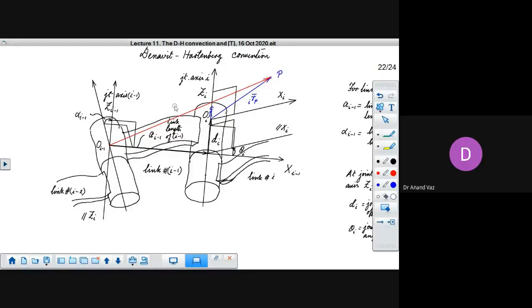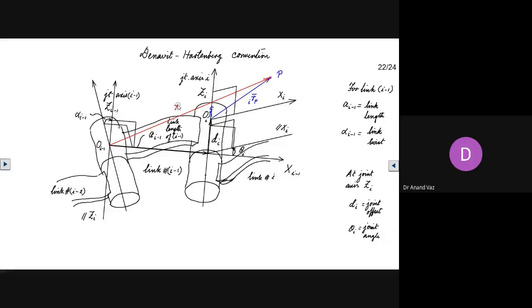They are different. This is the position of the same point P, but now it is viewed by the observer here in frame i minus 1, and he or she observes it as this vector, and will express it in terms of the components in his or her reference frame. So we have these two distinct position vectors.